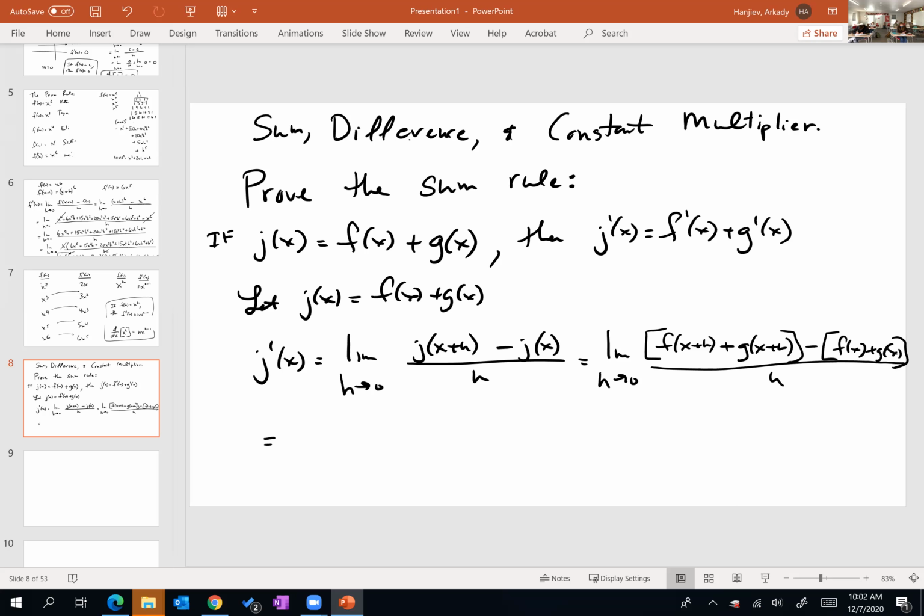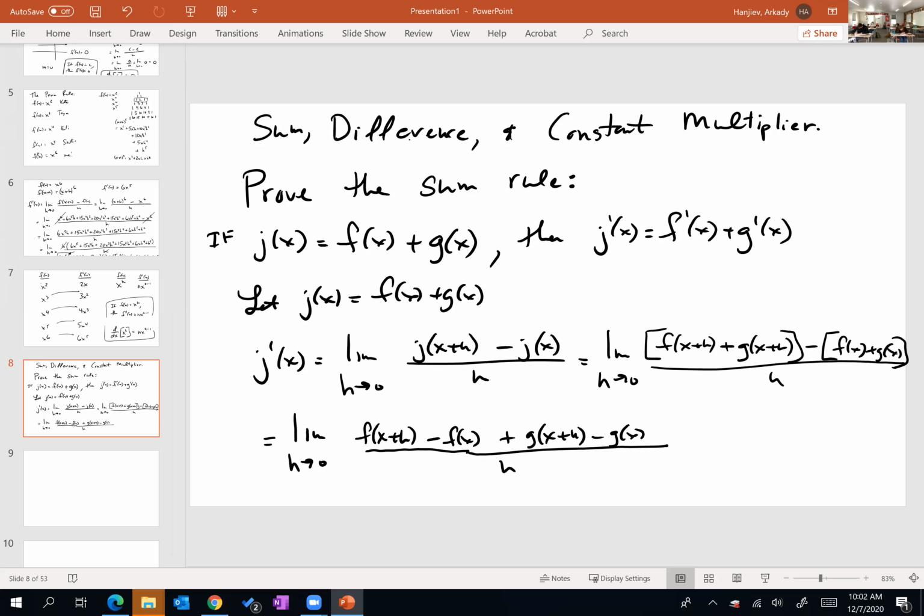All right, I think what we can do now, limit as h goes to 0. Got this big thing right over here now. Can I put the f of x together? I'm going to go like this and have that guy over here, and then plus g of x plus h minus g of x all over h.